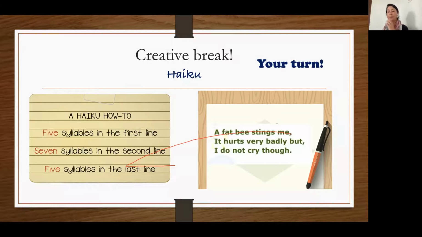What am I thinking about? I'm going to write it on paper first. Yes, Rukia, anyone can be a poet with haiku, which is a nice thing.